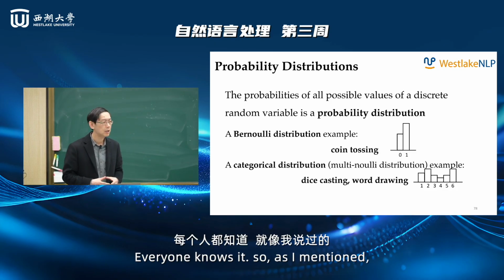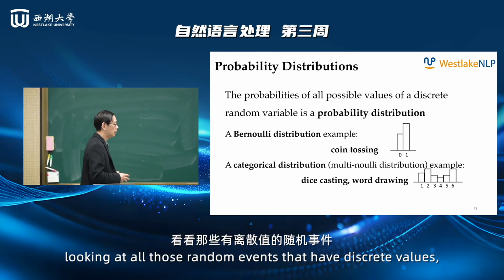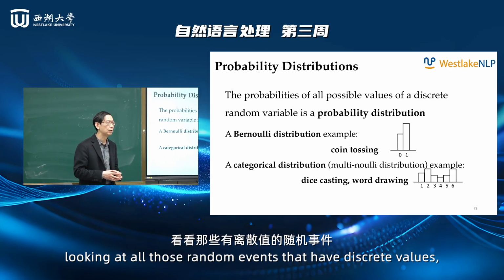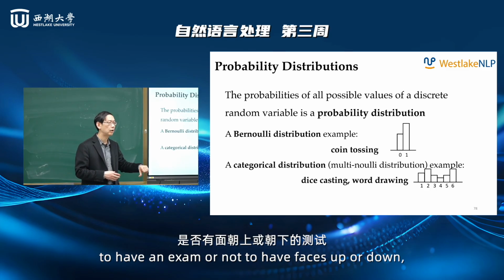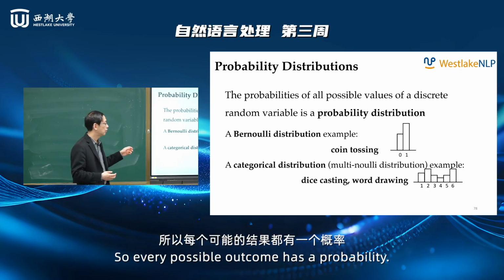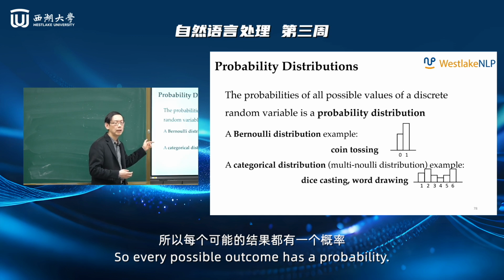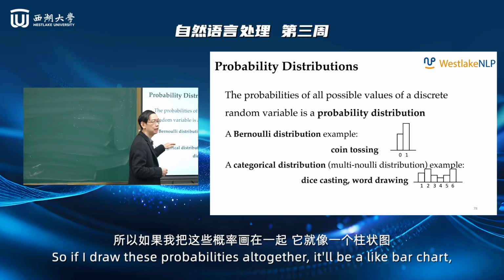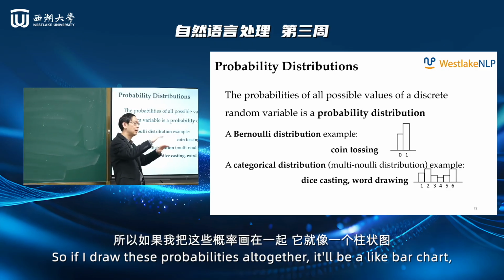As I mentioned, we're looking at random events that have discrete values: to have an exam or not, faces up or down, the number of the dice, or a word. Every possible outcome has a probability. If I draw these probabilities all together, it will be a bar chart.